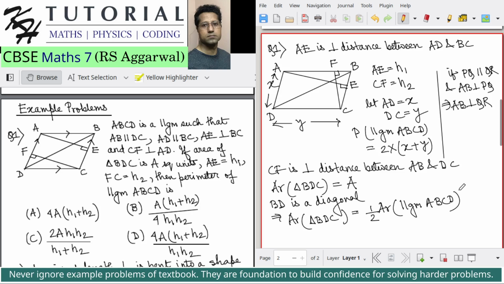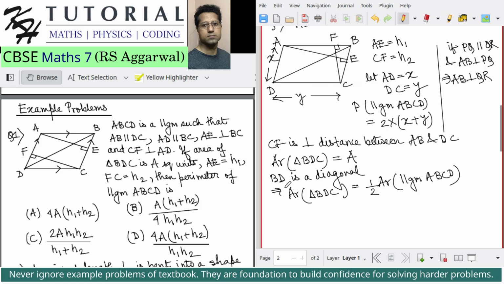So the area of parallelogram ABCD will be equal to twice A, as the area of triangle BDC is A.